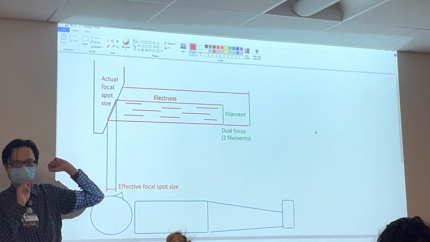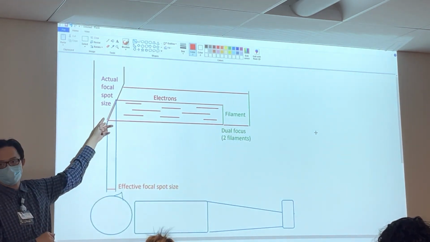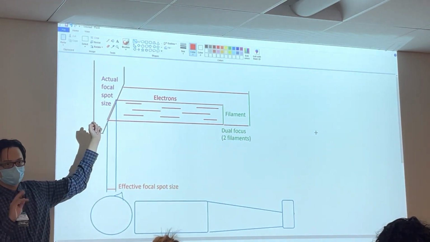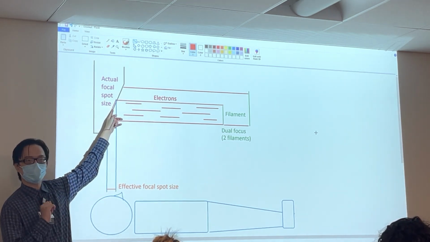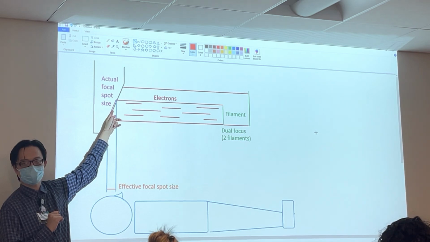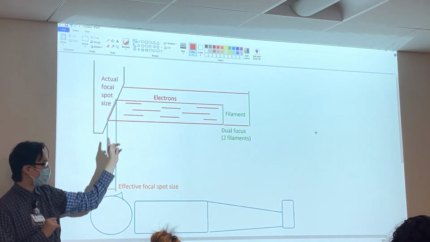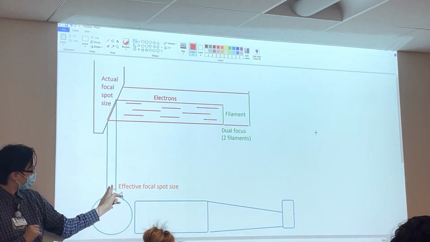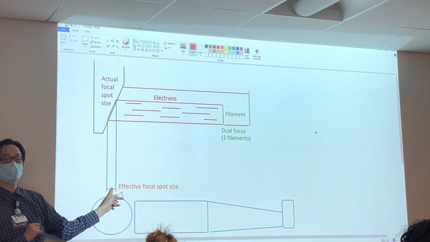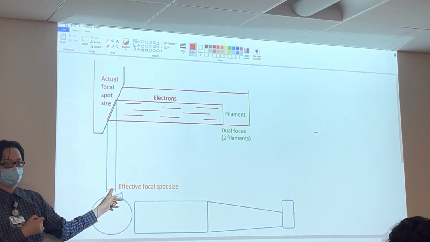It depends on two things: the size of your filament and the angle of your anode. Those two properties will determine the size of this actual focal spot size, which will determine the heating capacity. That will also determine down here the effective focal spot size. This determines your sharpness, how much blurriness there's going to be.